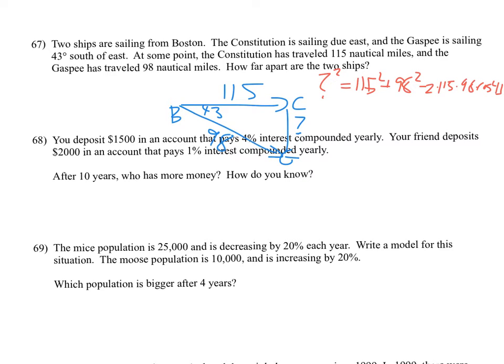When I do that out, we get that question mark squared is equal to 6344.28. When I take the square root, we get the question mark is equal to 79.6 miles. In fact, nautical miles at this point.